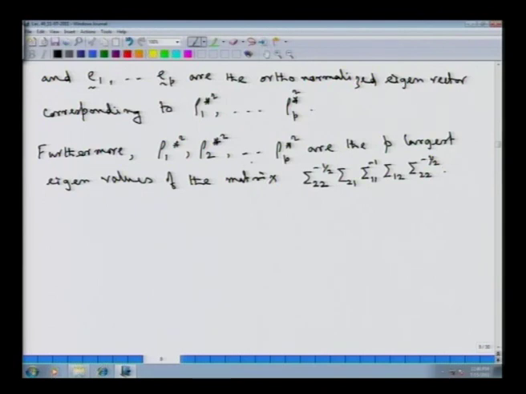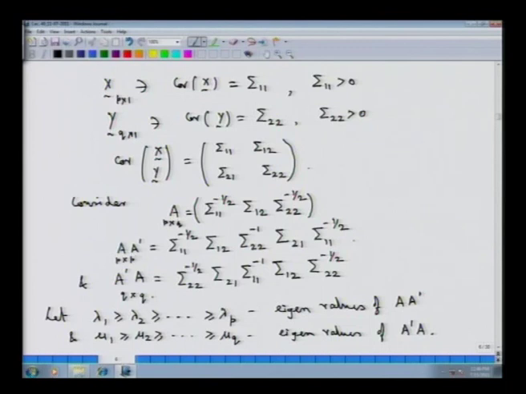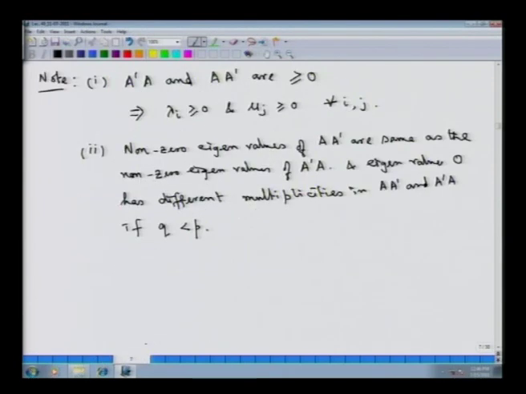This is what we had seen earlier by defining A prime A and the corresponding matrices: the non-zero eigenvalues of the two matrices will be exactly the same, only the eigenvalue 0 will have different multiplicities in the two matrices.